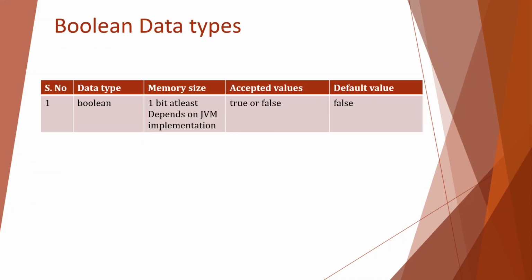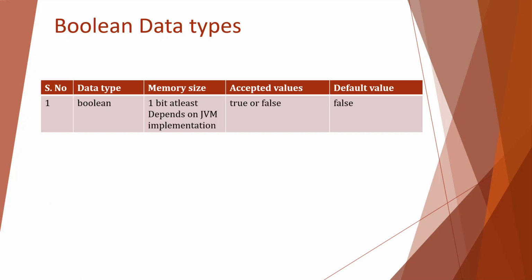Now let's go to Boolean data types. Boolean is used to represent either true or false. Suppose I write some condition in any programming language: if it is satisfied, it returns true, and if it is not satisfied, it returns false. So true and false are the accepted values for the Boolean data type, used whenever we have conditions.